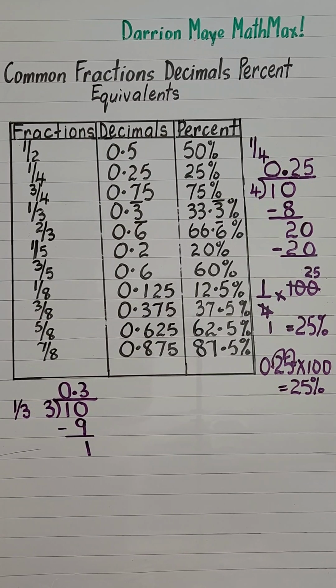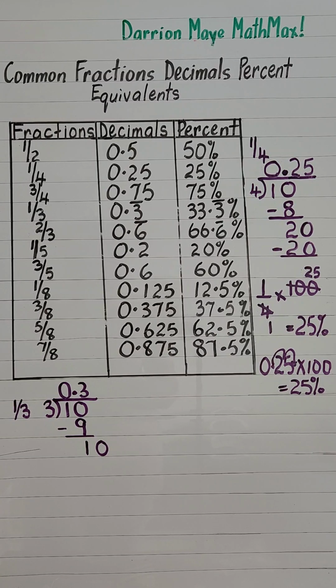It's a decimal, so we can continue to add zeros. How many times can 3 go into 10? It's 3 times. And 3 times 3 is 9. And we subtract and we get 1. And you already notice that the 3 is repeating.